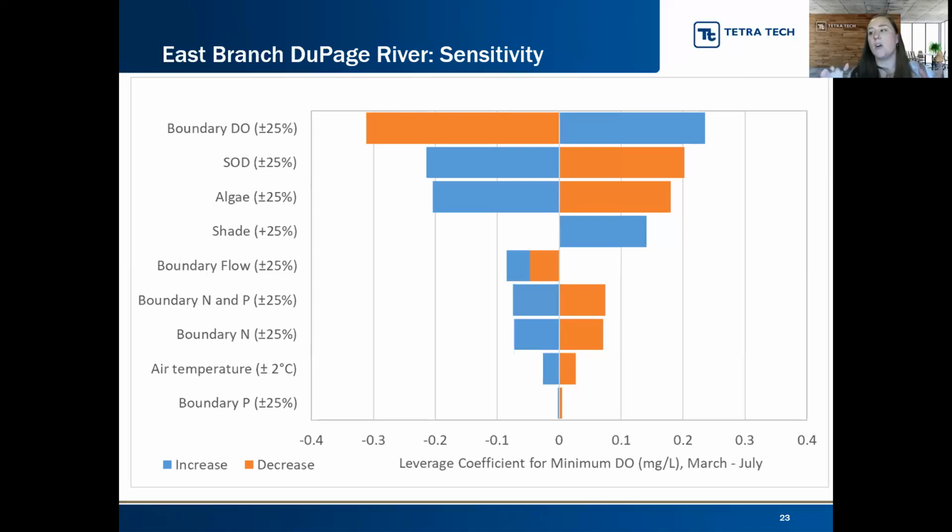So this gives us a relative understanding of these different sensitivities of inputs and outputs. It helps shape our understanding of the system and how the model is responsive. But it's important to keep in mind phosphorus and its potential lack of impact on minimum dissolved oxygen as we move forward with the slides.